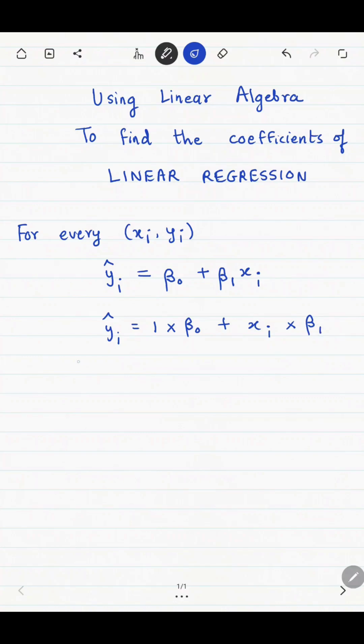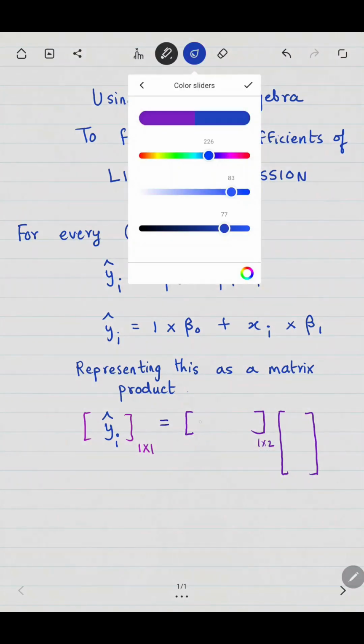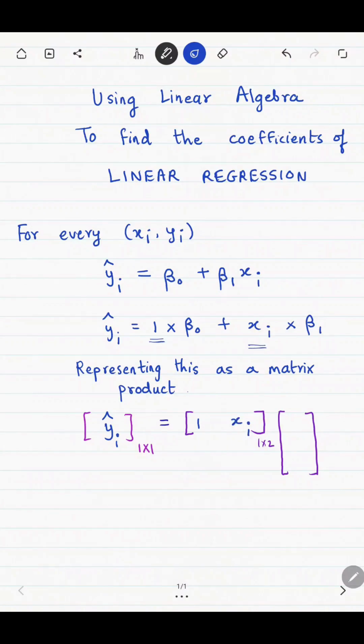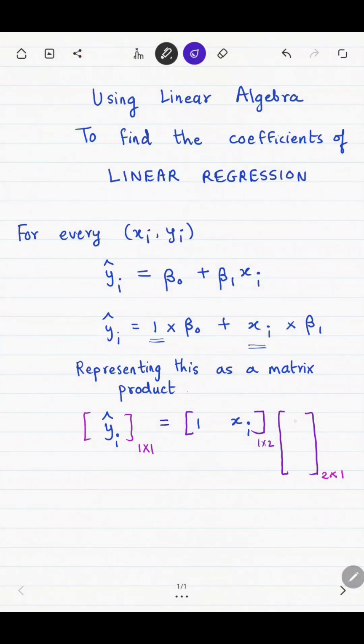Now pause and think of a way to represent this using matrices. Can we treat it like a matrix product in this way? Yi hat is a 1 cross 1 matrix, which is equal to the matrix product of a 1 cross 2 matrix, that is 1 xi as a row matrix, and a 2 cross 1 matrix, beta naught and beta 1, as a column matrix.